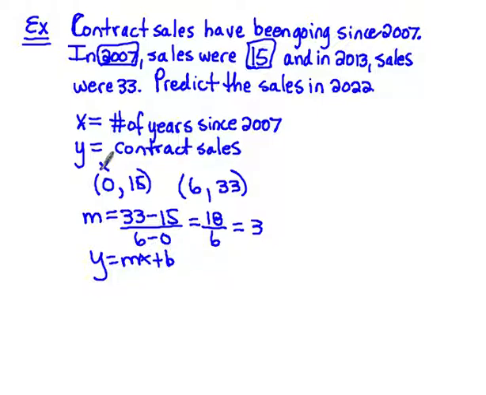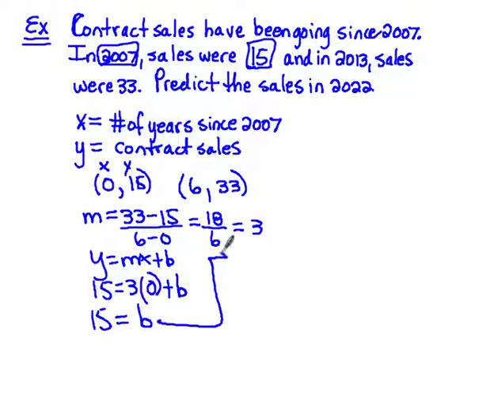I'm just going to use the 0, 15 point. So I have a Y value of 15, a slope of 3, an X value of 0, plus B. Well, 3 times 0 is 0, and 0 plus B is just B. So I have a y-intercept of 15. So now I can go y equals 3x plus 15.